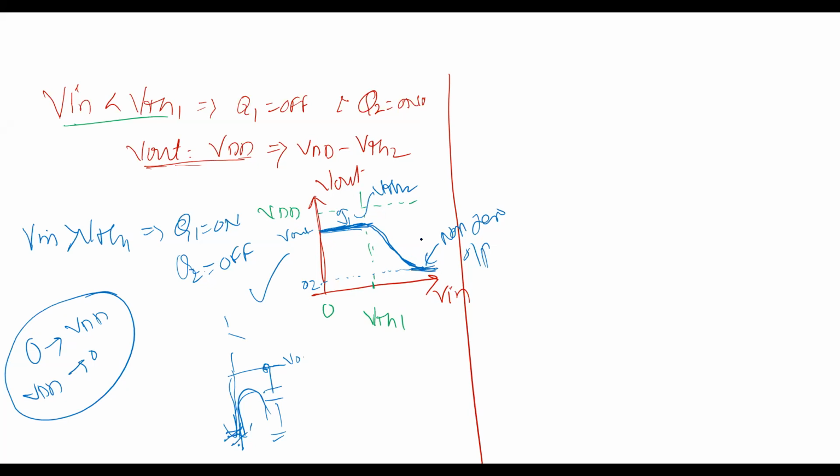This is the disadvantage: no full swing of voltages at the output. Suppose if the input is 0, the output is VDD, and if the input is VDD, the output is 0; that is called the full swing. But you are not getting full VDD or full 0 here. You are getting a value lower than VDD as well as above 0. This is the disadvantage. Okay.